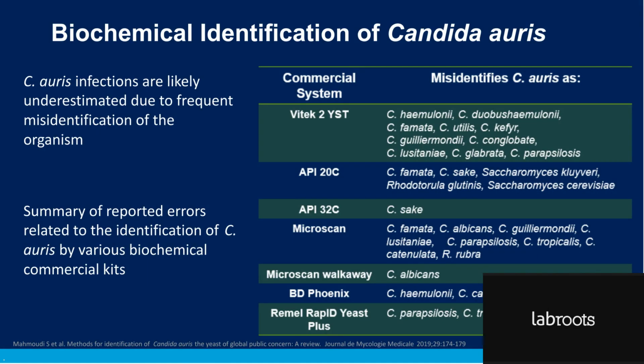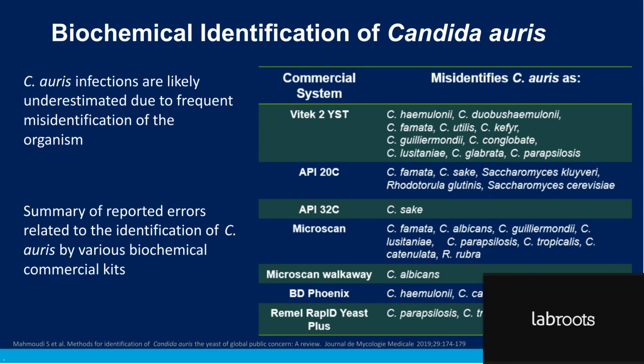The biochemical methods are also a little bit fraught with errors. I'm listing here in this table various types of commercial systems that are used in a lot of clinical laboratories, at least in the US. And all of them pretty much have had trouble identifying Candida auris.